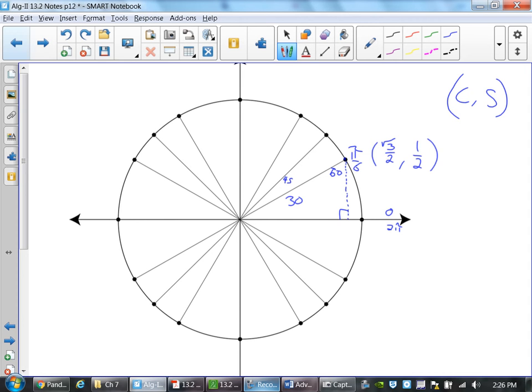We know here's the halfway point, so what was half of 2 pi? 1 pi. What's half of that? Pi over 4. So that is pi over 4 up from the x-axis.